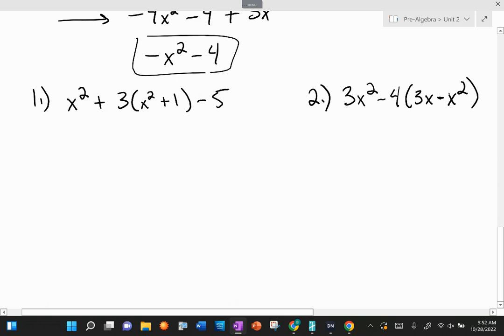Yep. Number 1, x squared. Does that have an imaginary 1?